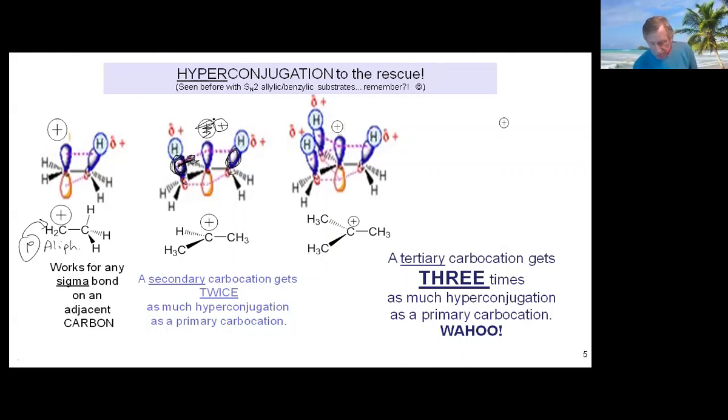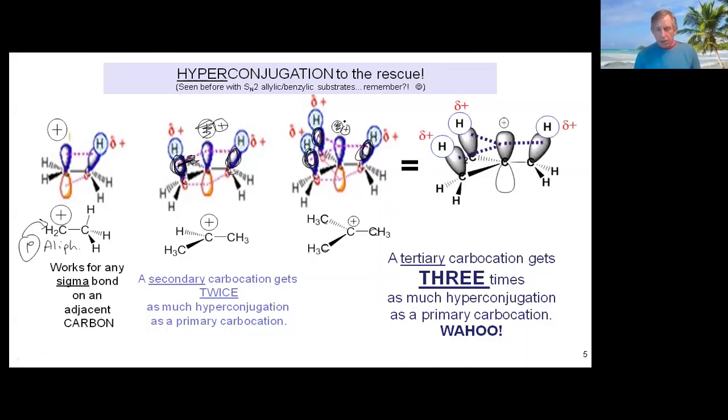We have 3 carbons with all sorts of hydrogens that are in sigma bonds that have electron density that is in the same general space as this empty p orbital. So that is going to shrink the charge down even smaller. I know that's kind of a blurry picture, so I drew it out here, and I want to make sure we're clear.